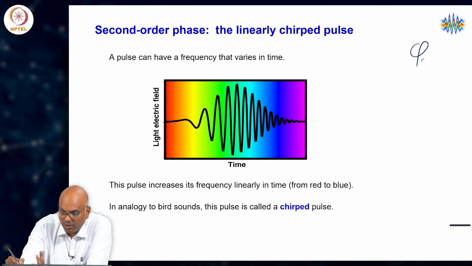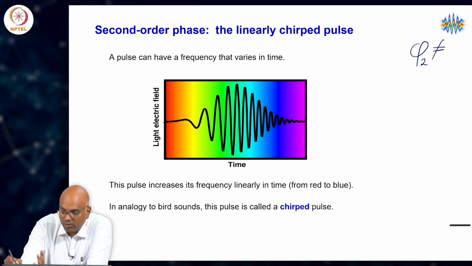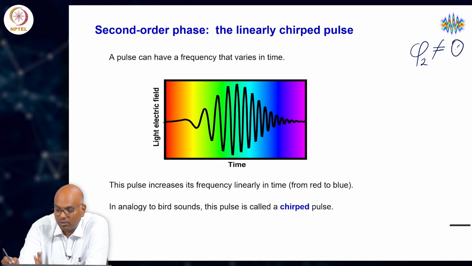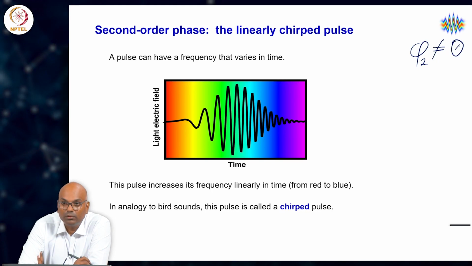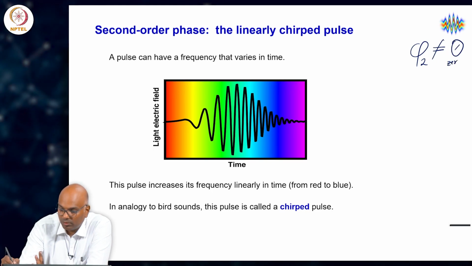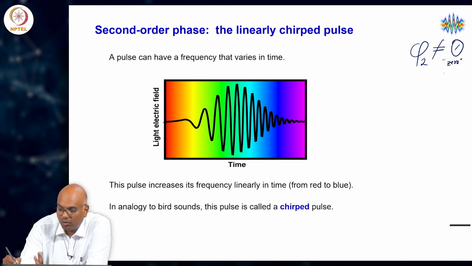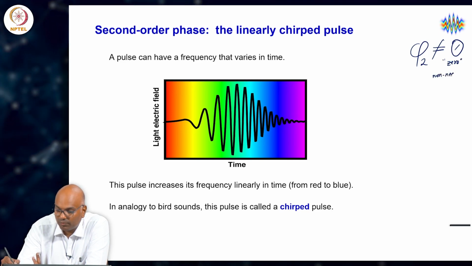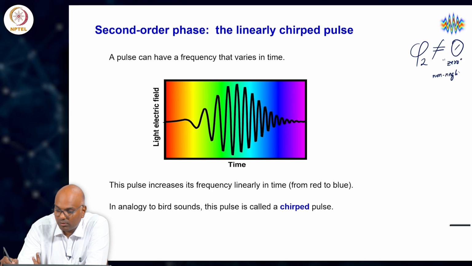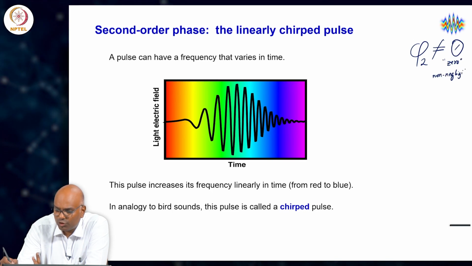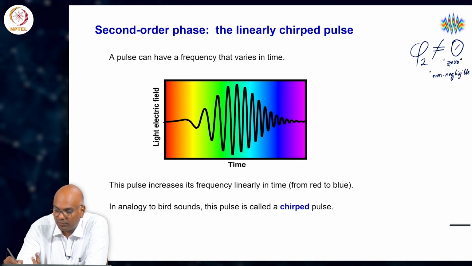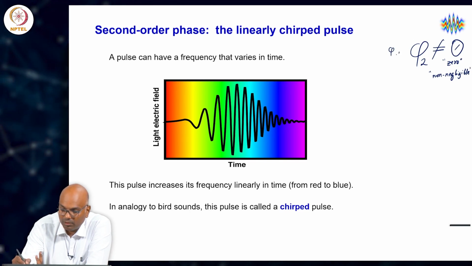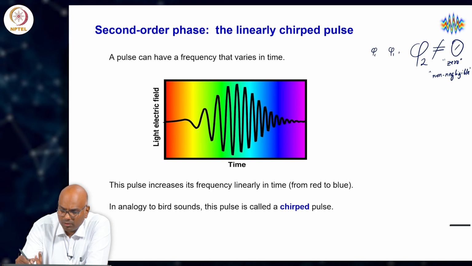This distortion comes about because now phi 2 is not 0, non-zero or non-negligible in terms of negligible. Okay, fair enough. So is phi 1, so is phi naught.